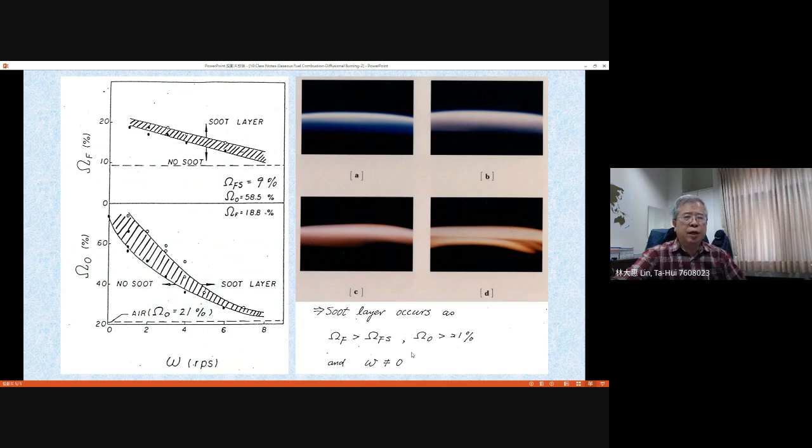And if you increase omega, it will help the formation of the soot layer, because when you increase omega, you increase the residence time of the carbon particles in the stagnation plane. They will accumulate and conglomerate together to produce large particles.